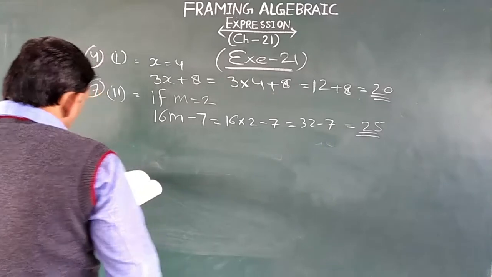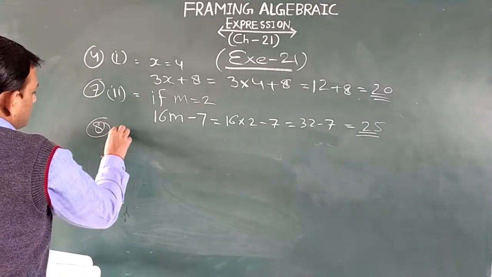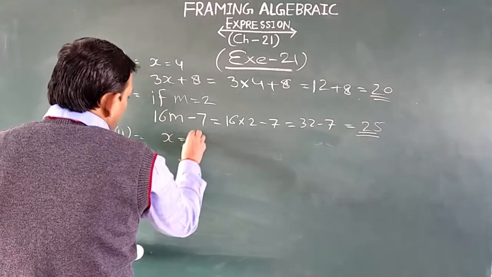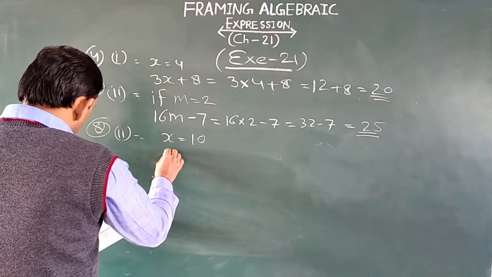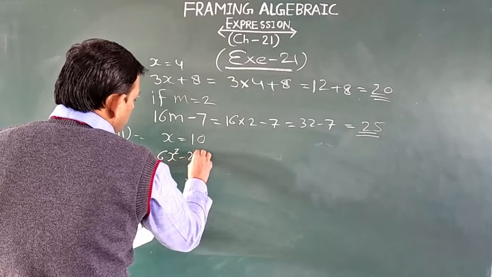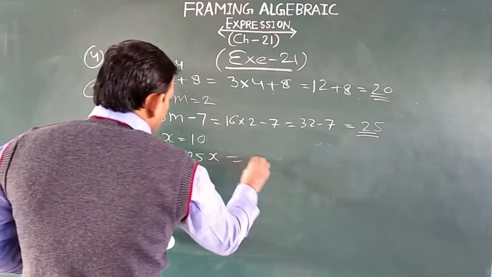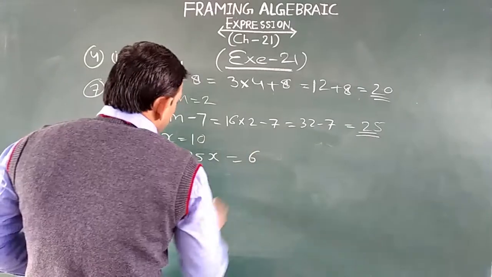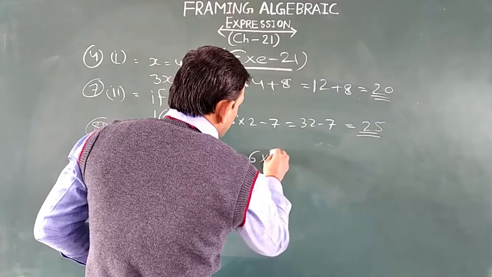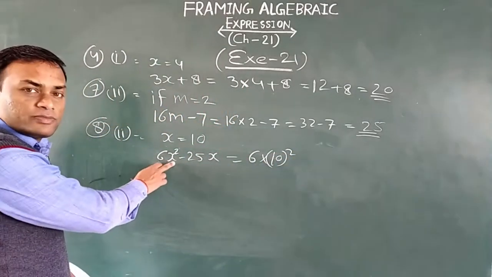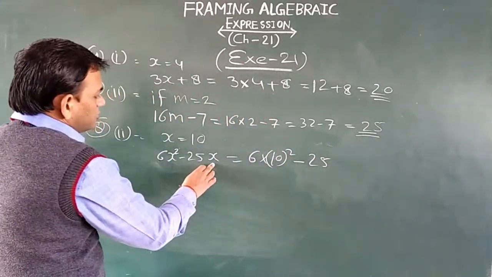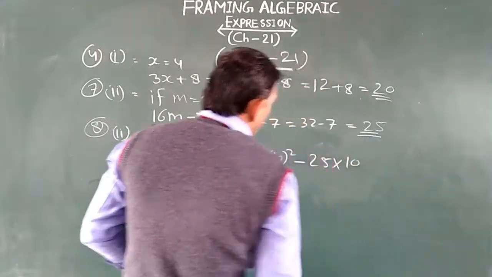Now after that, the second part of the question number 8 I am just going to tell you. Here the value of x is given, that is 10, and you have to find 6x square minus 25x. Okay. So it will be 6 and x, the value of x is given the 10, so it will be the 10 square because the square is given on the x, minus 25 will remain same and the value of x the 10, so multiply by 10.